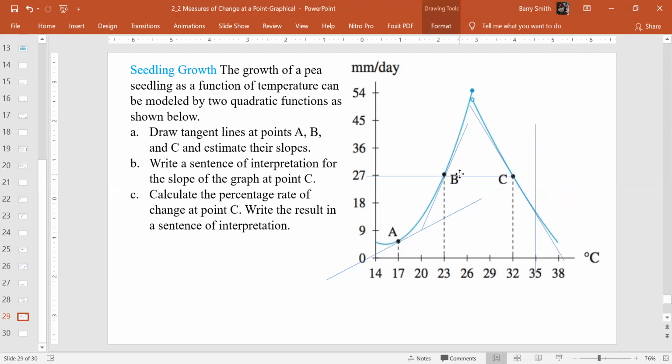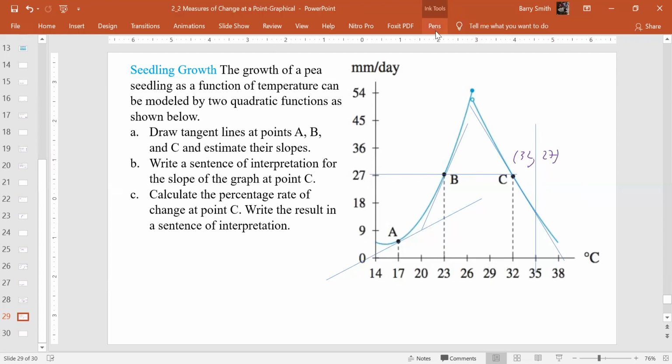Here, we might just say that's 32, 27. We'll just call it that, and that way we don't have to worry about whether it's close or not. We'll say it's 32 comma 27.